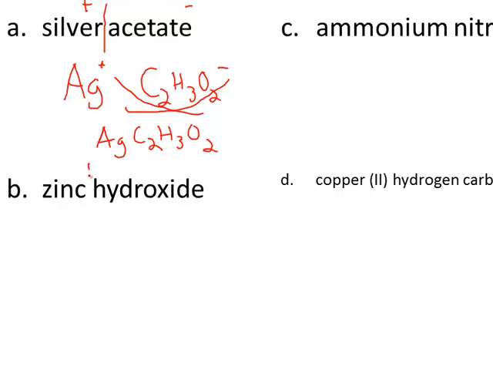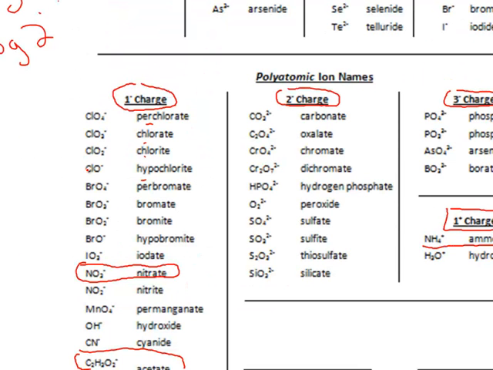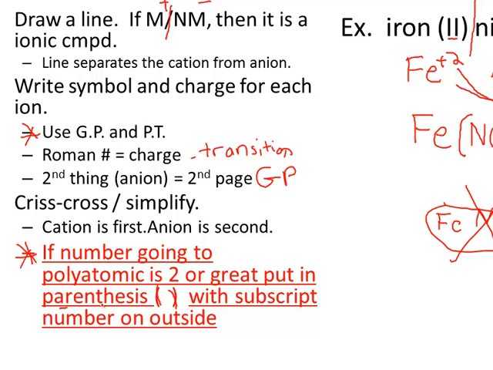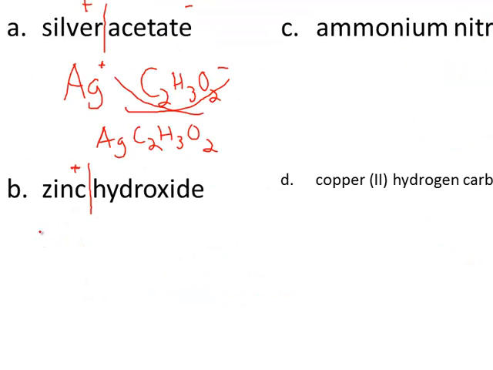Zinc hydroxide. Zinc metal and then hydroxide from our gold packet. Hydroxide, if you look, is in the -1 category, partway down the page. Zinc from the periodic table is always a +2 charge.